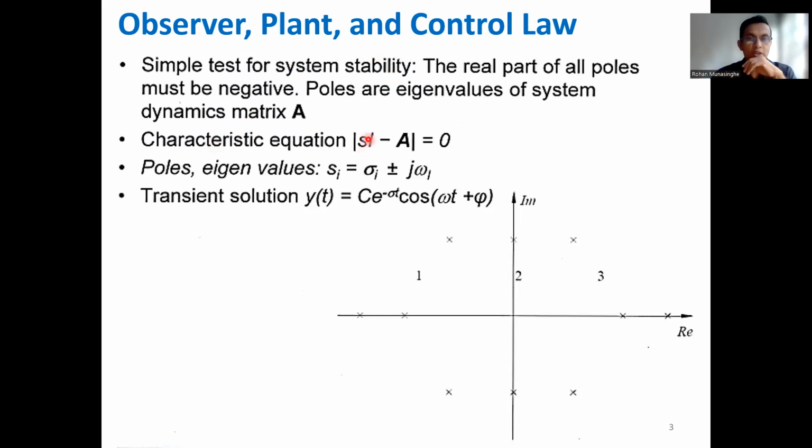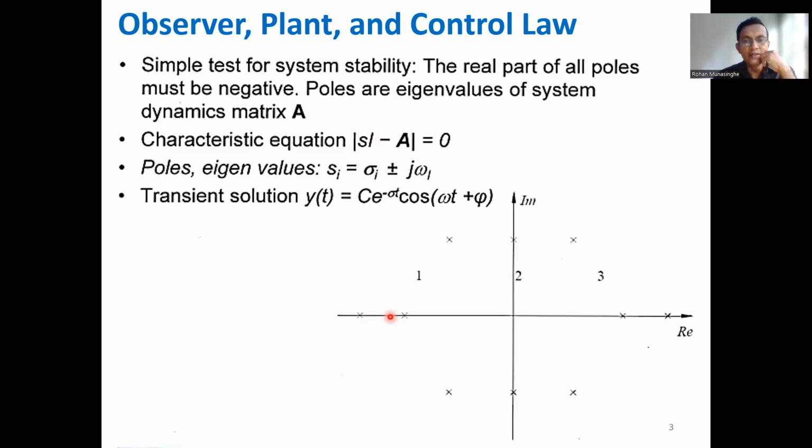The values you get are the eigenvalues of matrix A, or what we call the closed loop poles of the plant. Then you check the real part of the solutions.